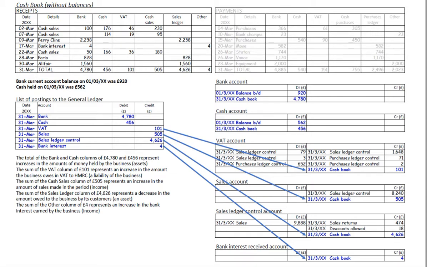So that's why we'll use the description cash book. And so that is how we go about posting information from a cash book that doesn't have balances and on the receipts side.